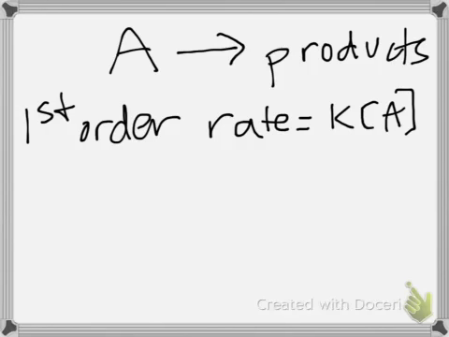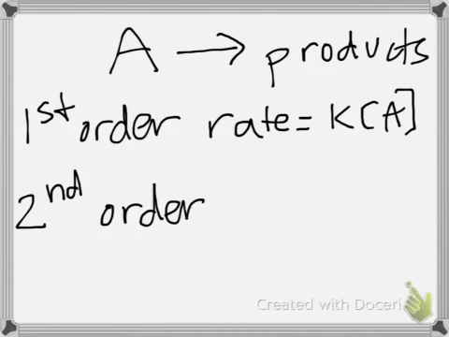This is the first simple process you're going to be held responsible for. It is a decomposition process where A decomposes to give products, where the rate is first order with respect to A. The second simple process that you're going to be held responsible for is where we would call the reaction a second order process.